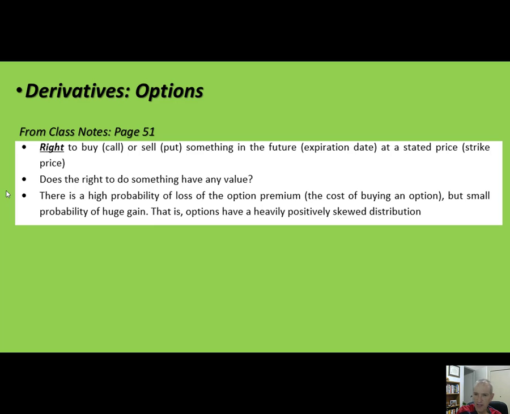Having the right to do something always has value. Now, an option on Apple to buy it for $4,000, yeah, it has a value, but that value is probably less than a penny. That's an option you might give away for free because it's probably not worth much, but there's still some value there. It's a chance something radical could happen with Apple.